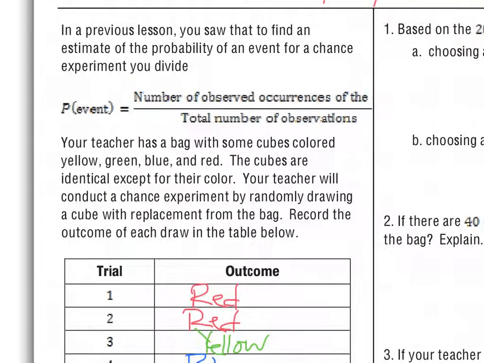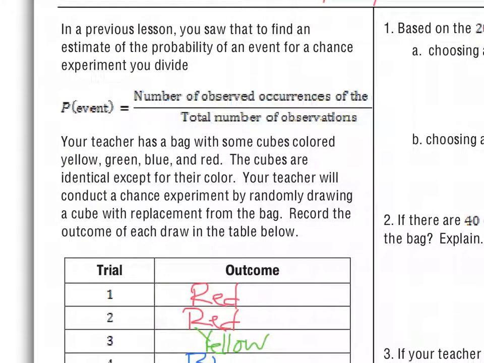So in a previous lesson, we saw that to find the estimate of a probability of an event for a chance experiment, we could divide the number of observed occurrences by the total. So assume that you've seen me with a brown bag, and in this brown bag there are 4 different color cubes, and the cubes are identical except for their color.